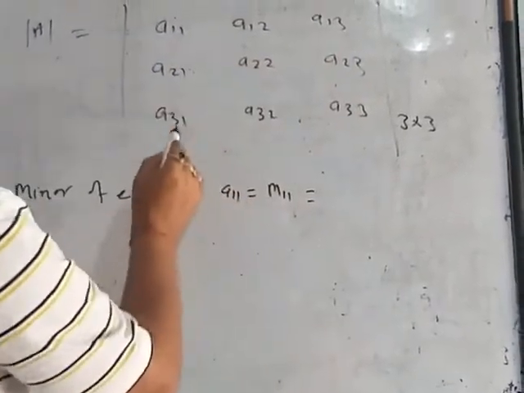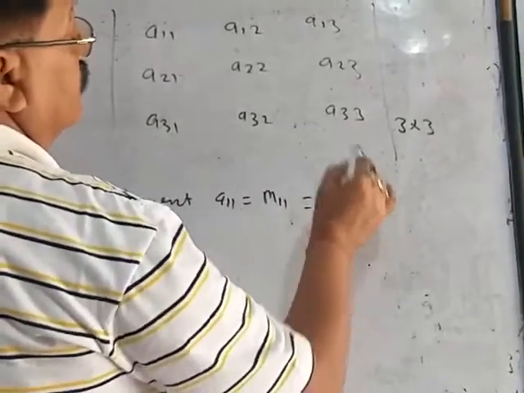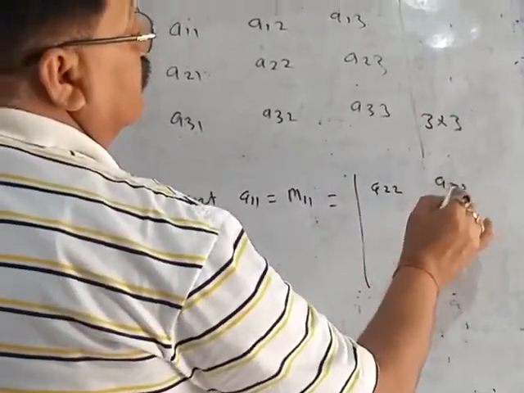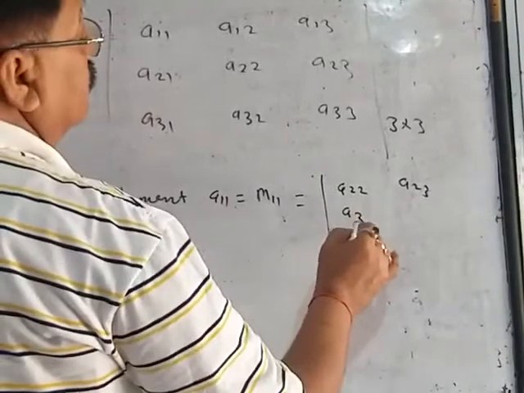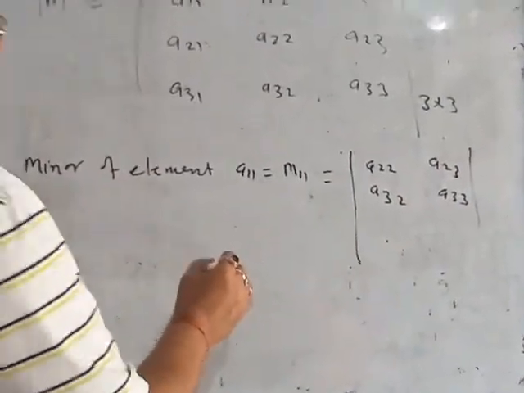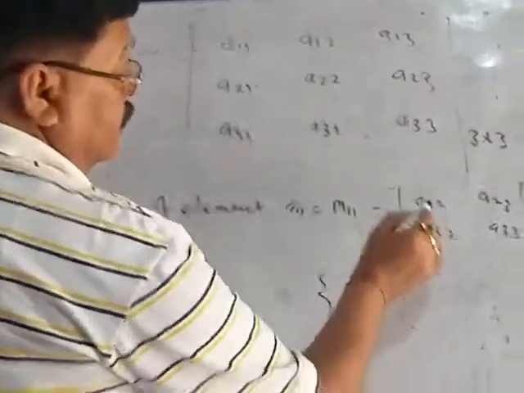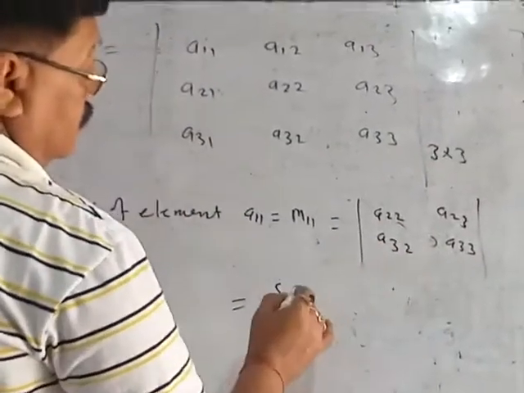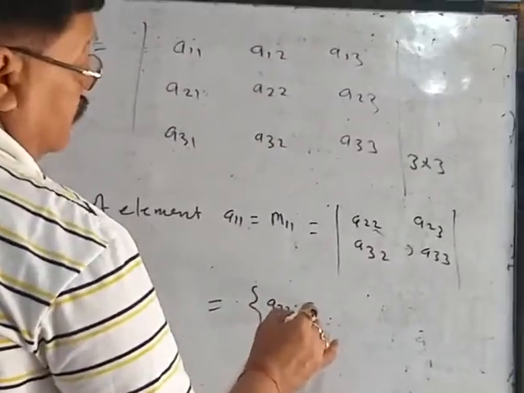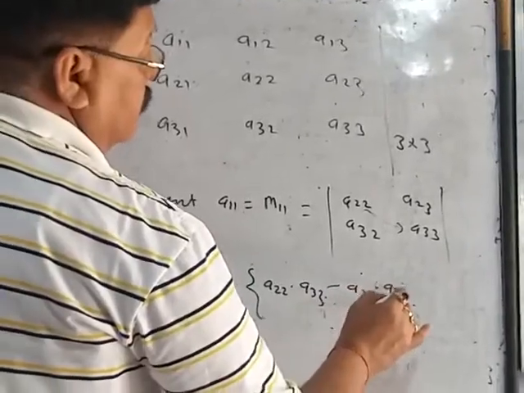So we are left with a22, a23, a32, a33. Multiplying, the minor is a22 into a33 minus a32 into a23.